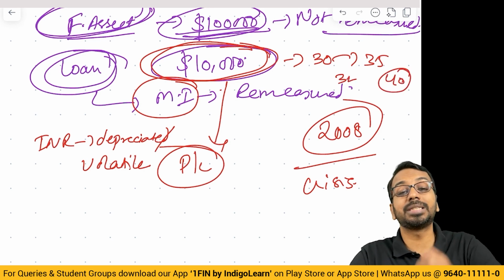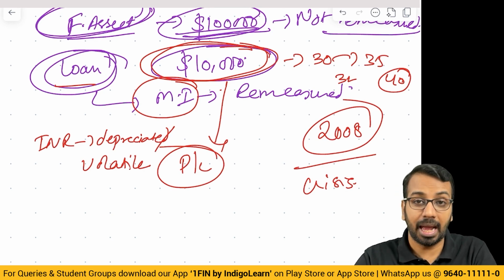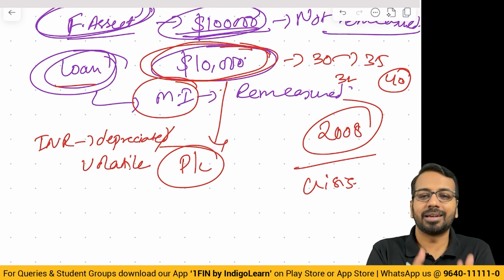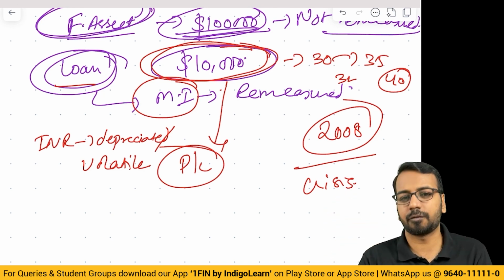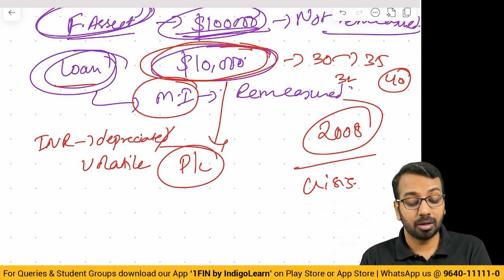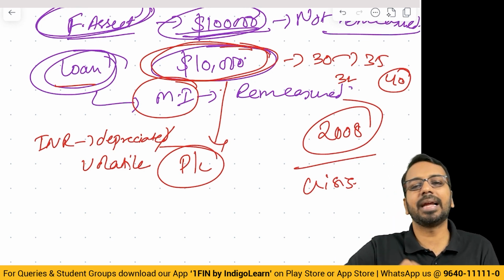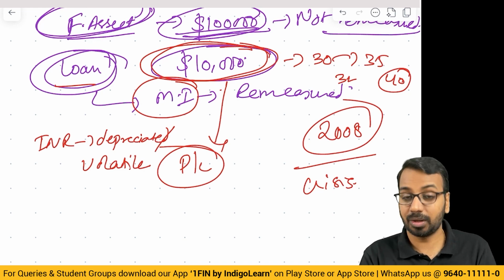There was a huge depreciation of INR against the dollar. And I'm not talking about $1,000 or $10,000. If companies like Reliance or Tata's and L&T import a lot of items, or have a lot of foreign currency borrowings, their P&L was significantly impacted because of exchange rate volatility. Okay, that is the background.